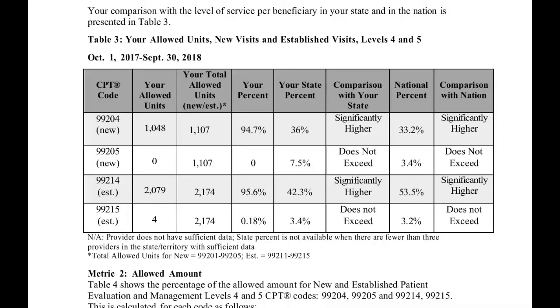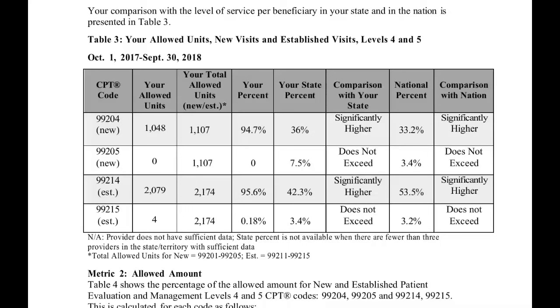So compared to that state percent and the national percent, which are right around 33, 36%, this provider's comparison was significantly higher. And if you kind of skip down 2 rows to the 99214, you can see a similar trend for level 4 patient visits for established patients as well.